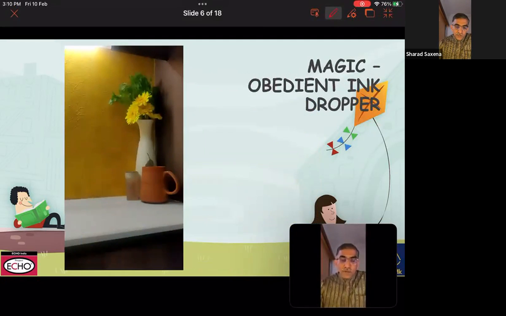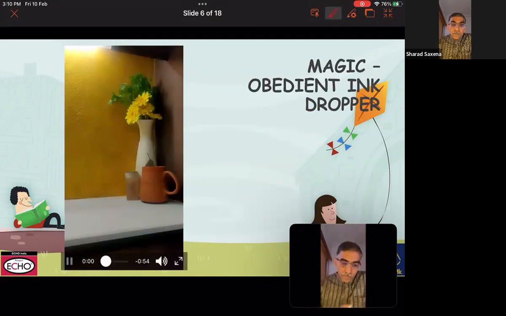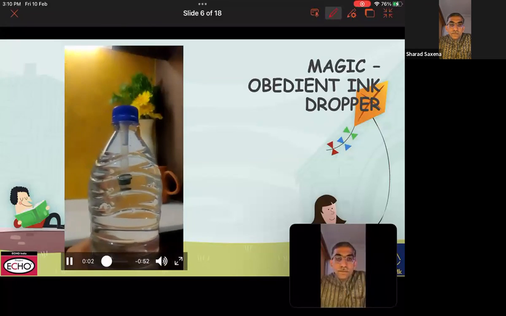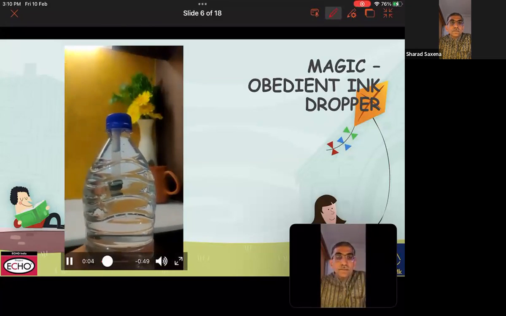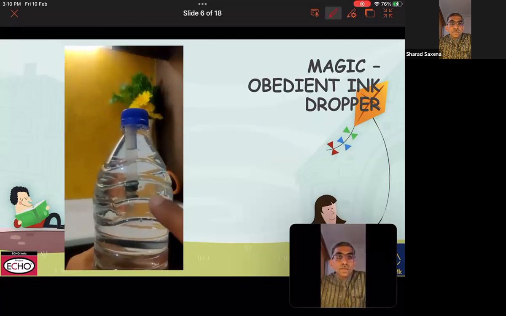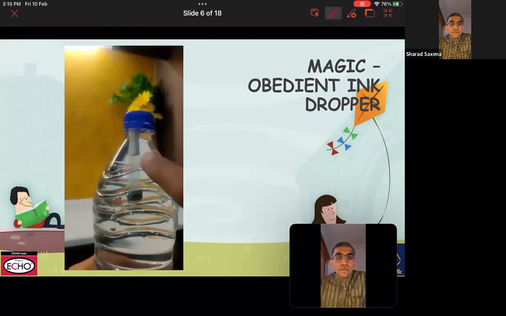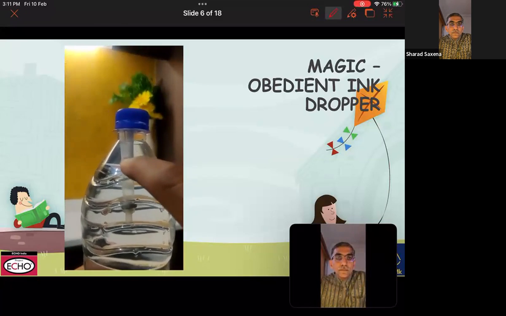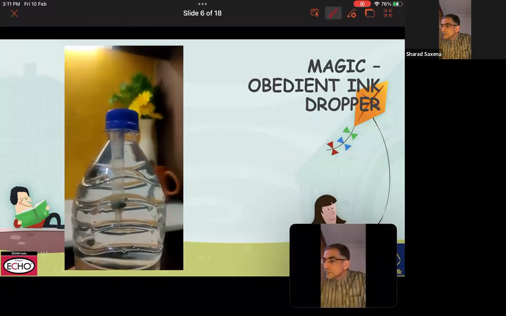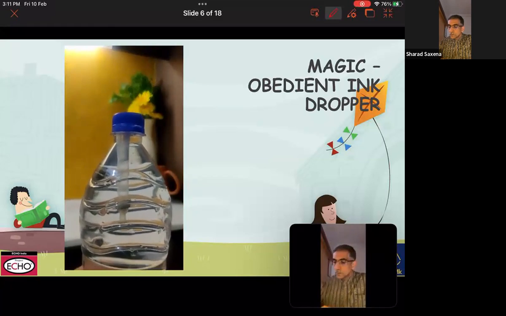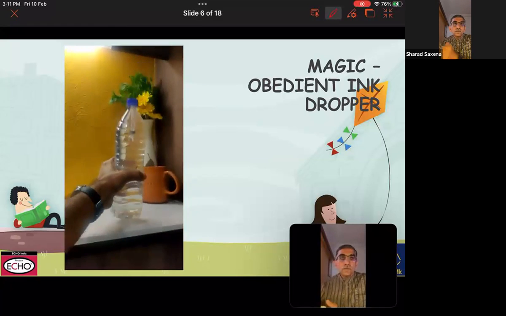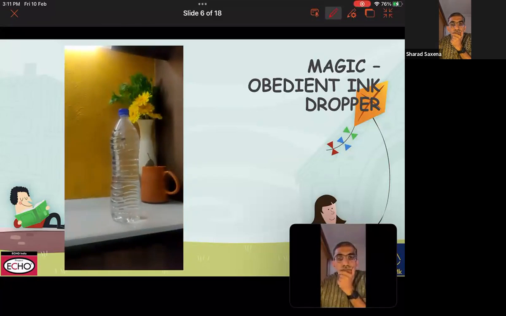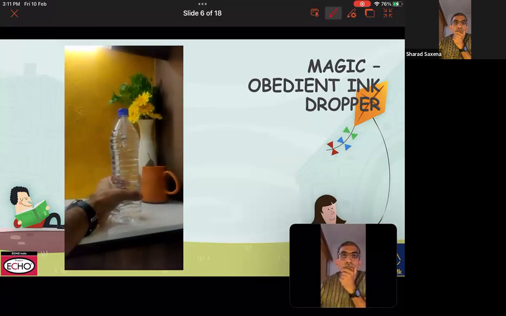Now the experiment, just see this. As you can see, the dropper is floating in the water. The weight is attached here, but the water is filled up to here, and this portion up to the top is air. And because of the buoyancy of the air, the dropper is floating. Now, this dropper will obey my commands. I'll say, dropper, come down.